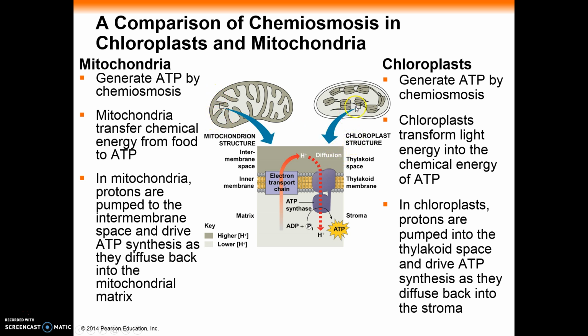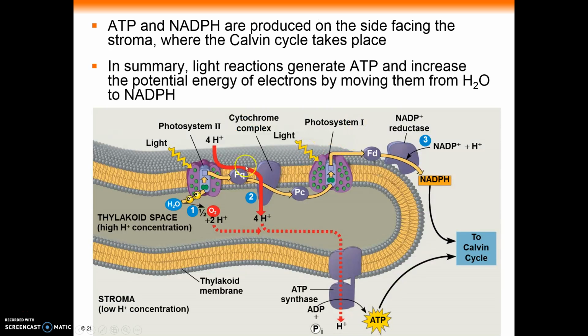In chloroplasts, they pump those protons into the inner thylakoid space. Here is another look at that system. So here we have photosystem 2. It's taking water, splitting it, energizing that electron with light, and then it passes it through an electron transport chain that is going to pump protons into this inner space.